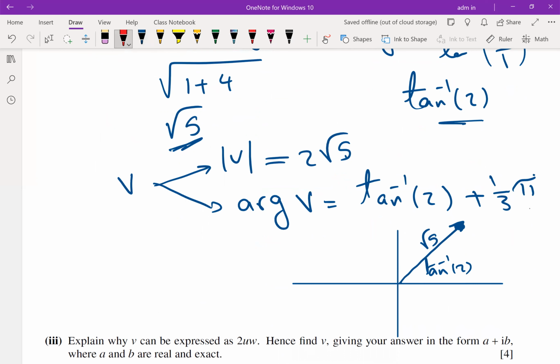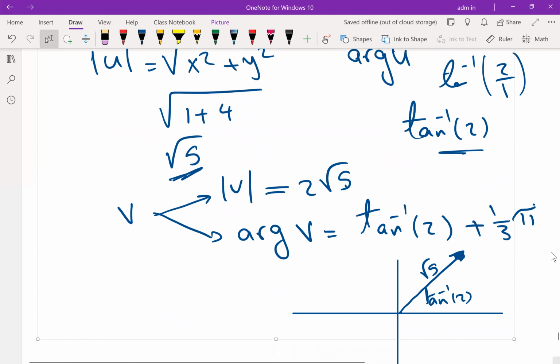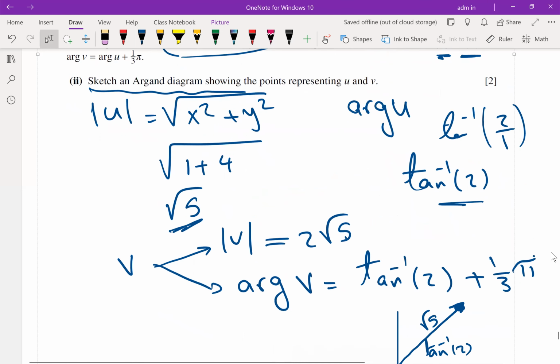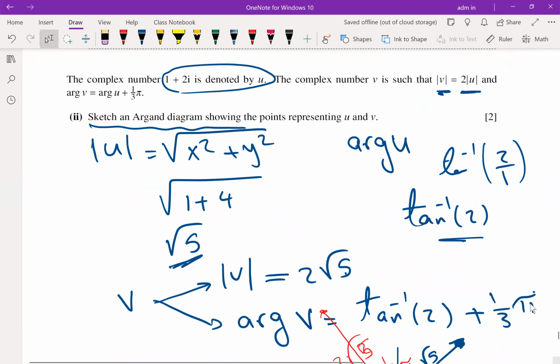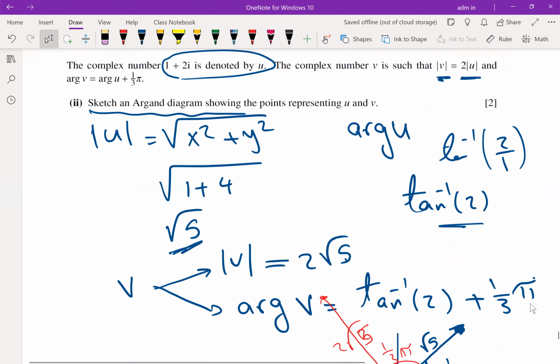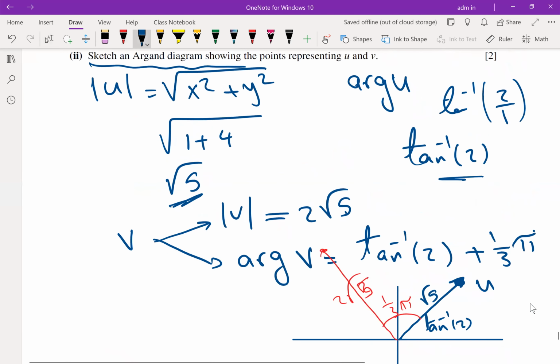For the complex number V, its angle is tan minus 1 of 2 plus π/3. So let's say it will be like this. This one will be π/3, and try to show that the length is double, 2 root 5. Sketch in the Argand diagram to show that this represents U and this represents V.